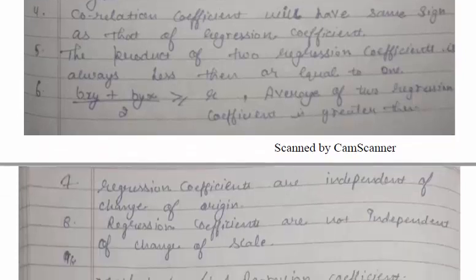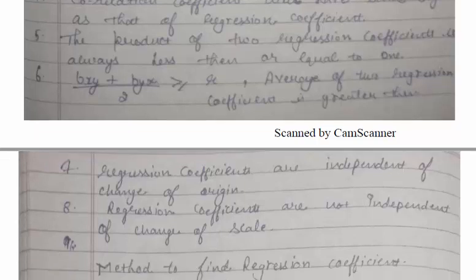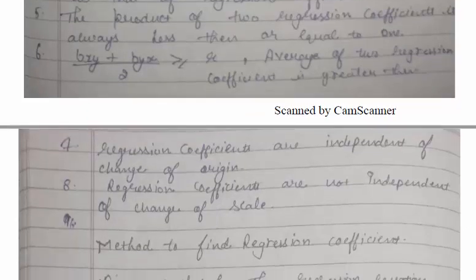Next property, the correlation coefficient will have the same sign as that of the regression coefficients. So if the regression coefficients have a positive sign, then the correlation coefficient also has a positive sign. If they have a negative sign, then the correlation coefficient also has a negative sign.